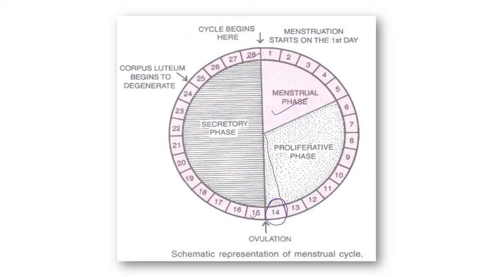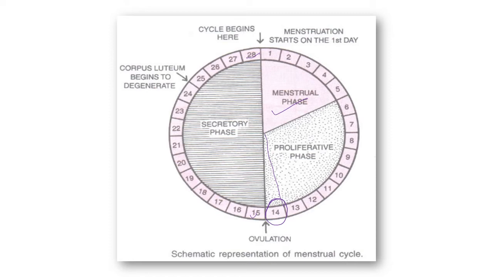During the menstrual phase, the menstrual flow takes place. It constitutes blood and the contents of the broken endometrial cells and the unfertilized ovum. In the proliferative phase, proliferation of endometrial cells takes place.